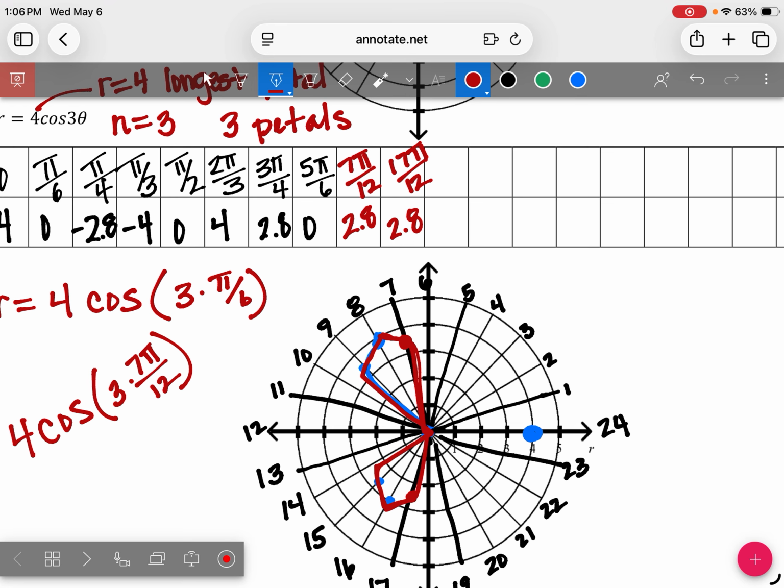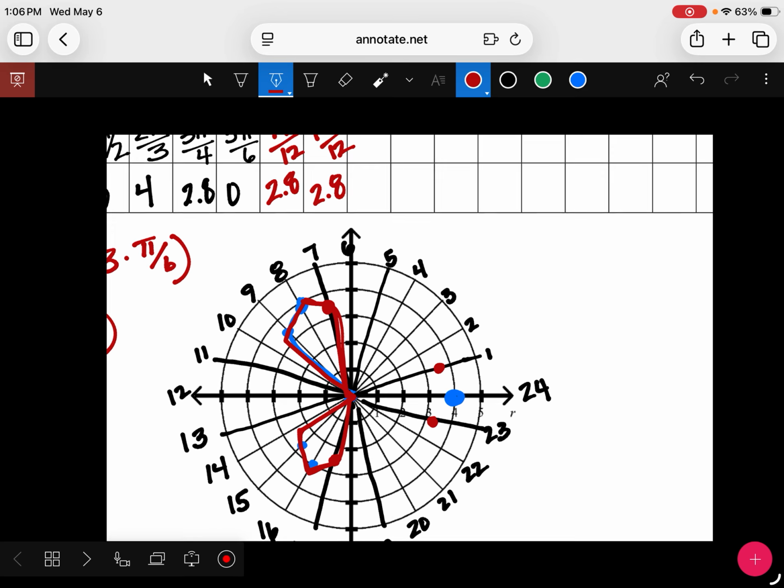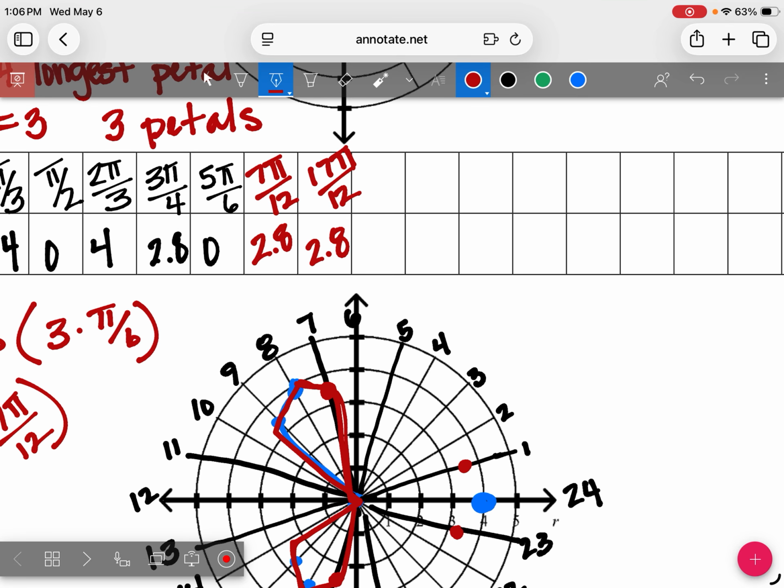All right, now for this third one though, I only have 1 point. So I need to add in 2. I need a point here and a point here. So that was going to be pi over 12 and 23 pi over 12. And those will all be 2.8.